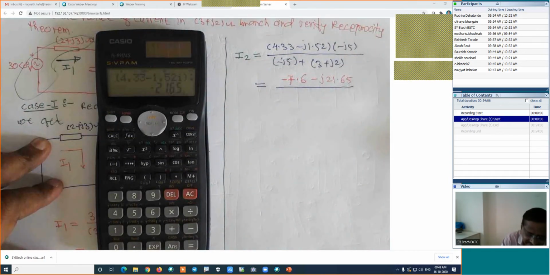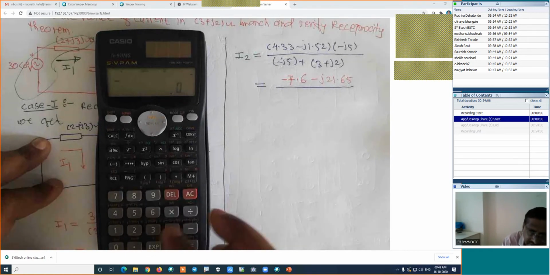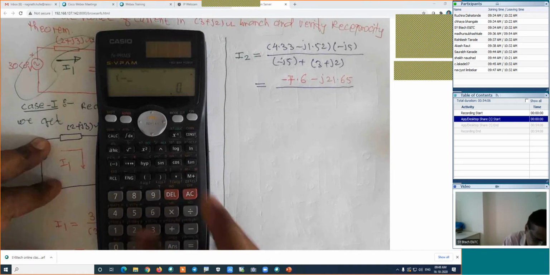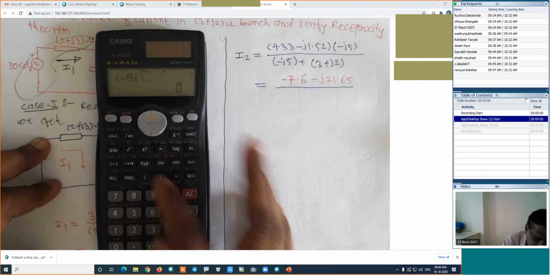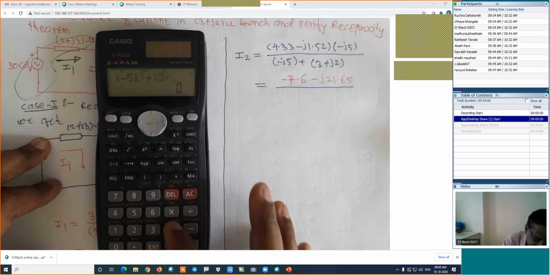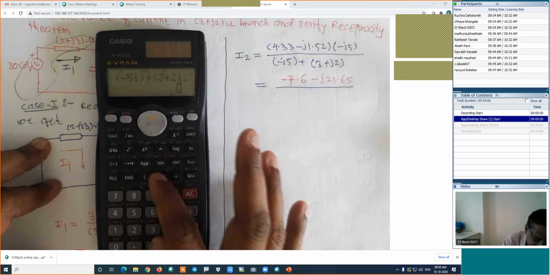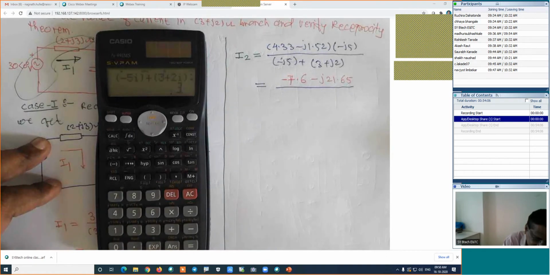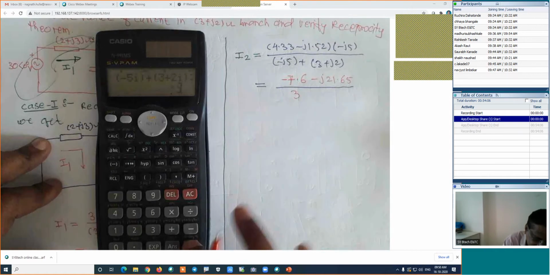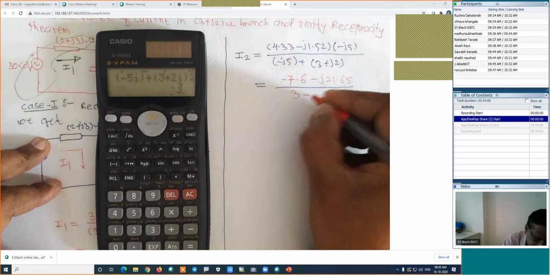How will the denominator be? The addition of the denominator: (minus J5) plus (3 plus J2). This gives the real part as 3 and the imaginary part as minus J3.